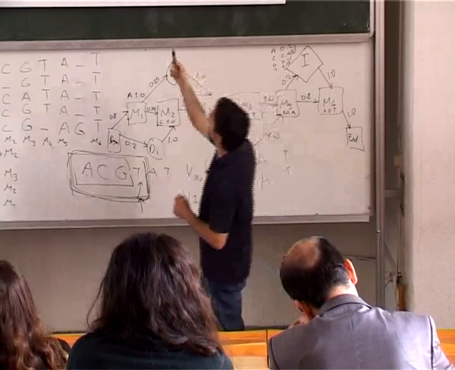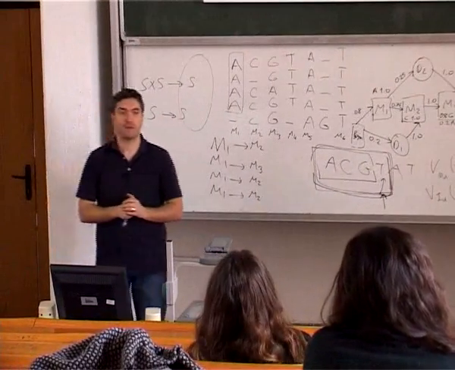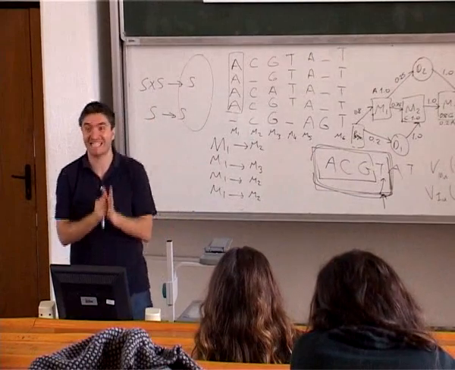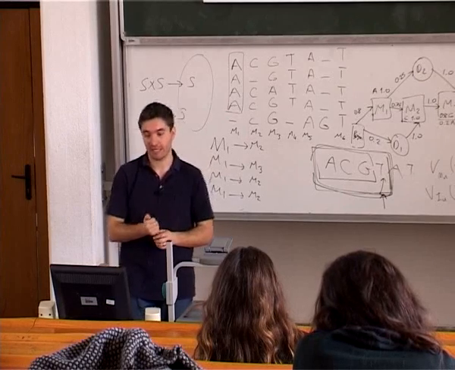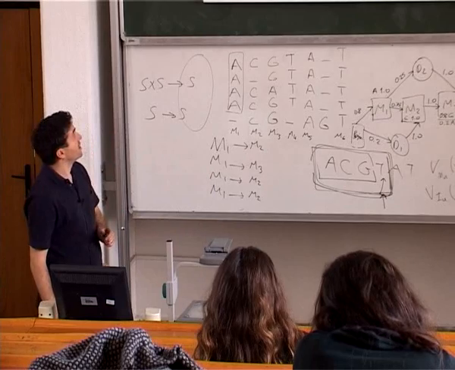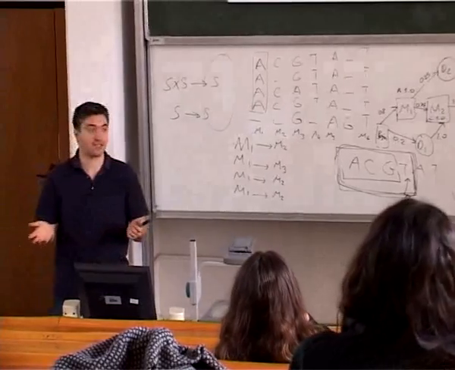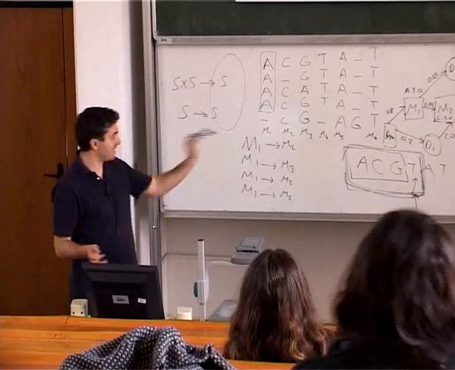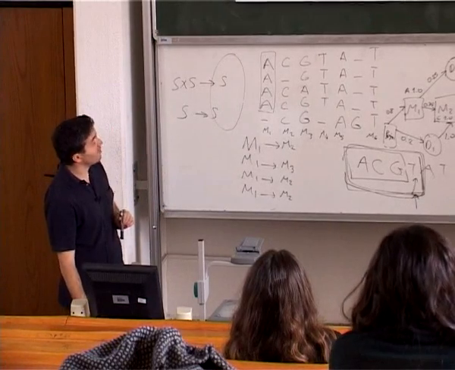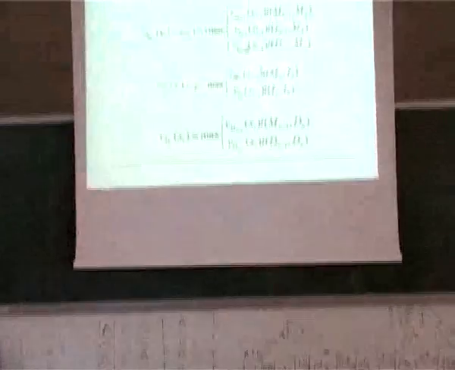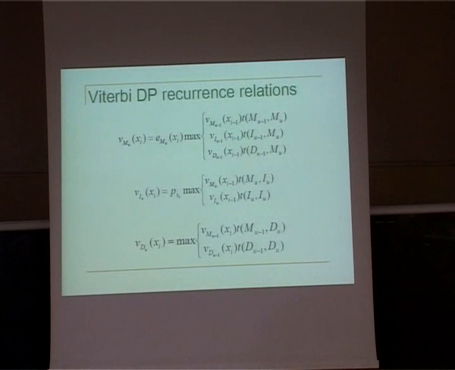So this V_{M_u}(x_i) shows me the probability of the best path that ends at the M_u state, which has emitted that ith amino acid. And that probability is found like this: the probability of emitting x_i at that M_u state, the emission probability, times the maximum of these three things. The maximum of these three things determines where you could have come to this M_u state from.